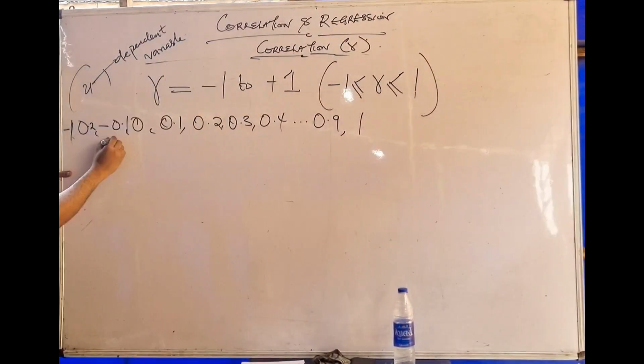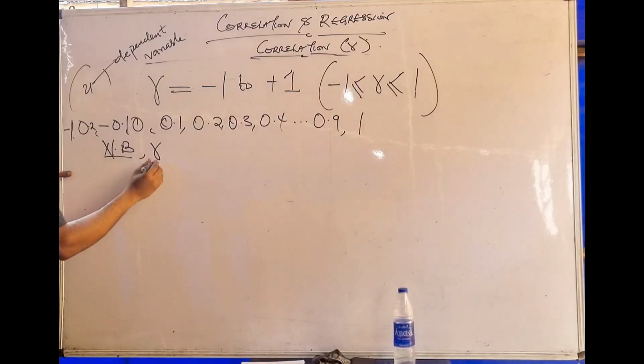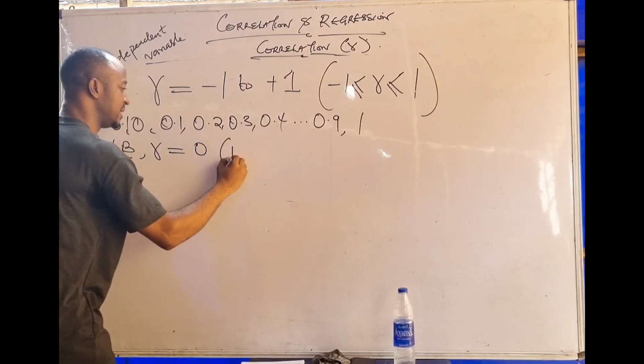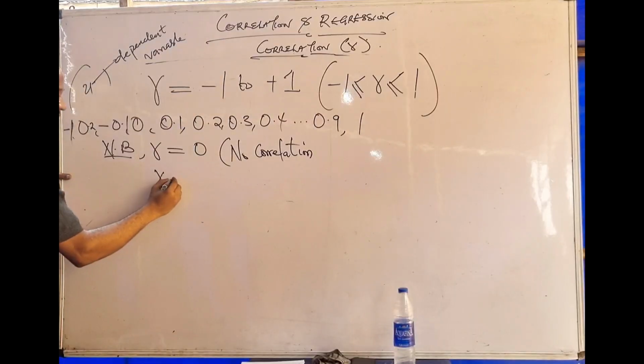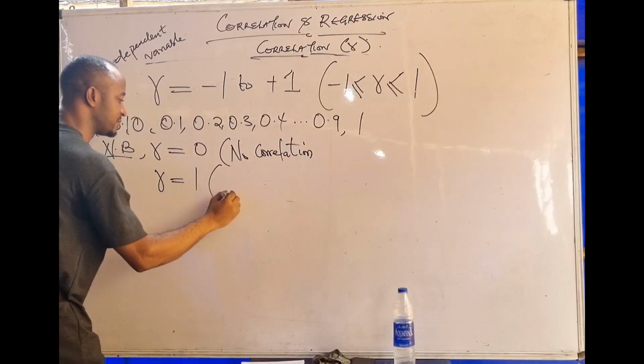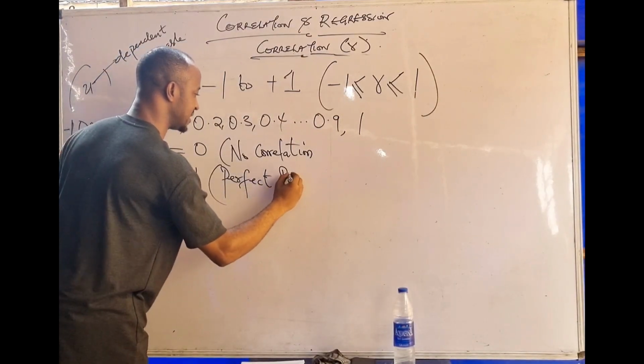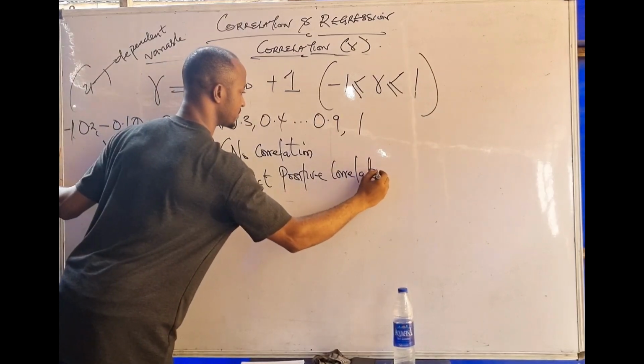Note that when the value of R is equal to 0, this means there is no correlation. When the value of R is equal to 1, this means there is a perfect positive correlation.